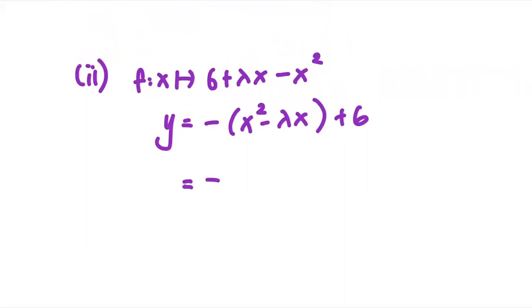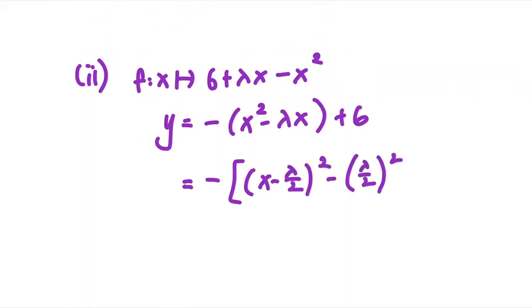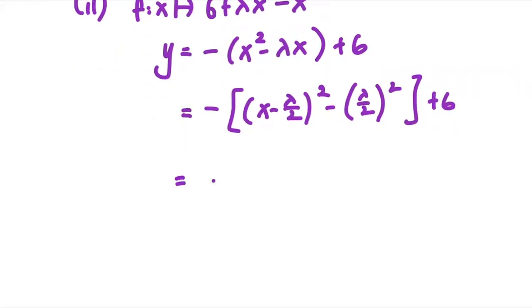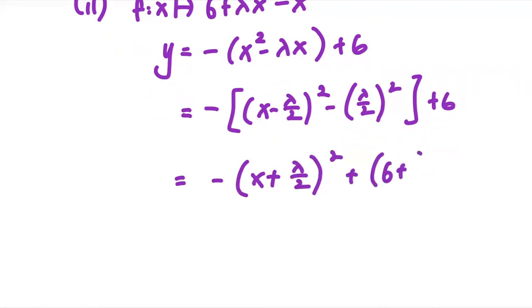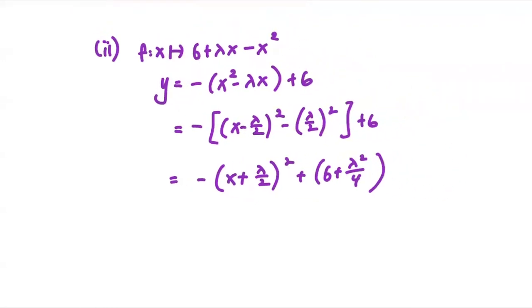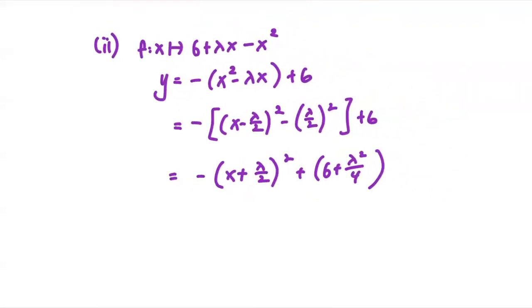Sorry, which is negative x minus lambda over 2 squared minus lambda over 2 squared plus 6, which is just negative x minus lambda over 2 whole entire thing squared plus 6 plus lambda squared over 4. So far, okay?